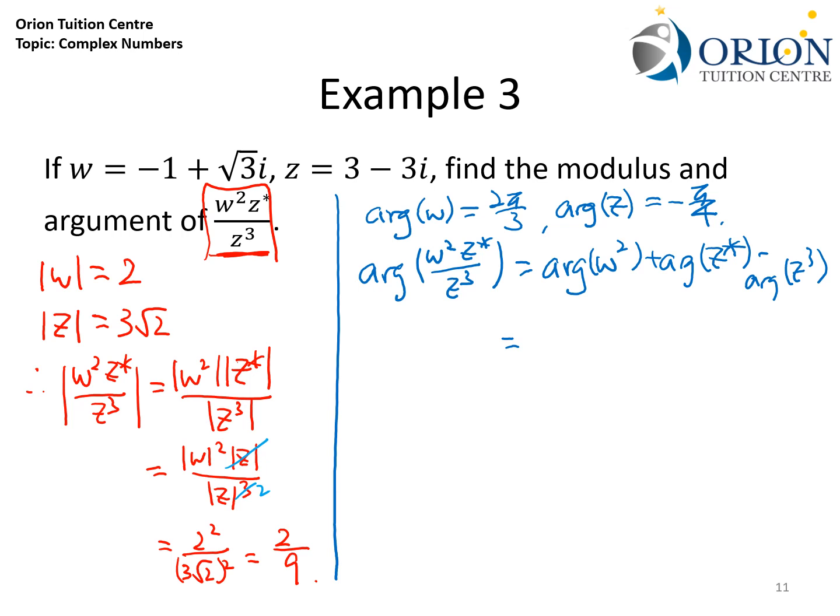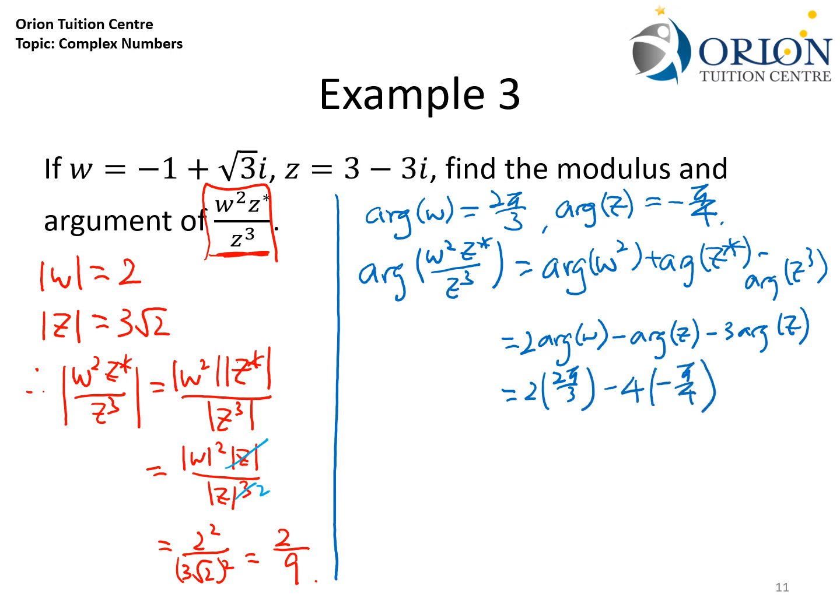And we can further simplify it by bringing down the powers and getting rid of the conjugate. So this becomes 2 argument w minus argument z minus 3 argument z, which we can now substitute in the angles: 2 times 2 pi over 3 minus 4 times negative pi over 4. And this gives us 7 over 3 pi.